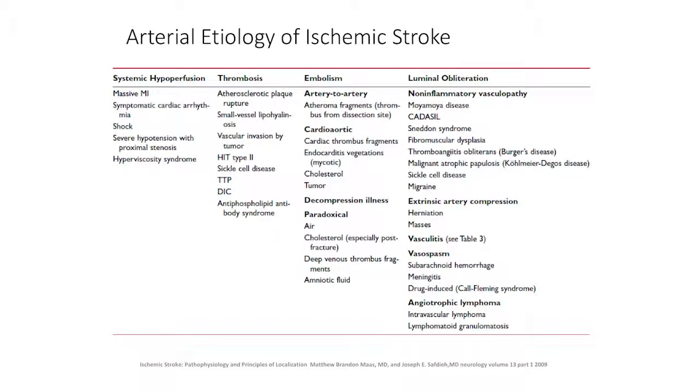So a massive MI can lead to stroke due to hypoperfusion, severe hypotension with proximal stenosis also, and hyperviscosity syndrome, all the way to monogenic disorders like Moyamoya disease, CADASIL, CARASIL, and fibromuscular dysplasia. All these can cause strokes.